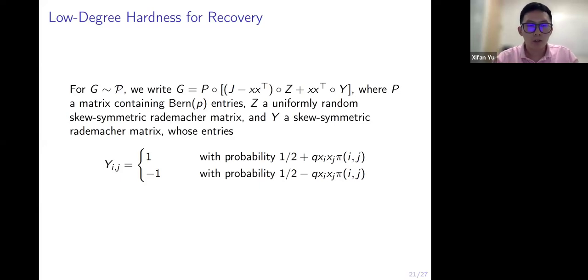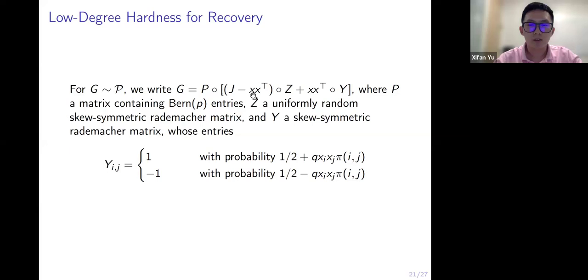So for a directed graph G drawn from the planted model, we will write G as the following product of matrices, where the circle product is the entry-wise product. So P will be a matrix containing Bernoulli(p) entries. Z will be a uniform random skew-symmetric Rademacher matrix.